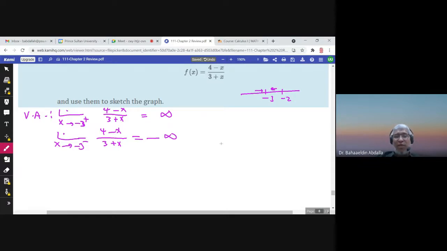So the answer would be negative infinity. So there is a vertical asymptote, which is x equals negative 3. This is a vertical asymptote, and we know the behavior of the function to the right and to the left of this asymptote.